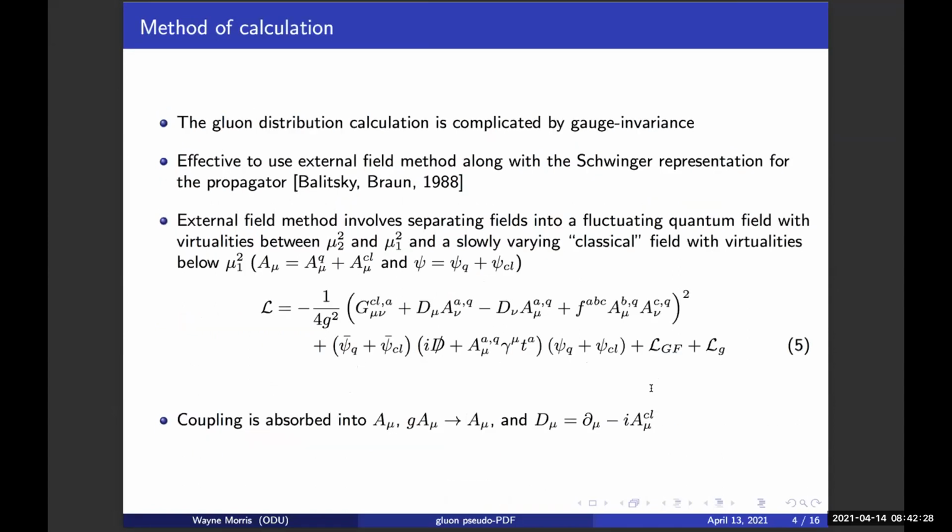So to start, I'm going to talk about the method of calculation. Gluon calculations, as y'all probably know, are very complicated, partially due to the gauge invariance. An effective way of approaching this was to use the external field method along with this Schwinger representation for the propagator, which is outlined in a paper from Belitsky and Brown from 1988.